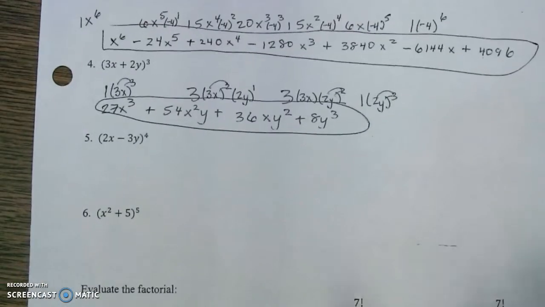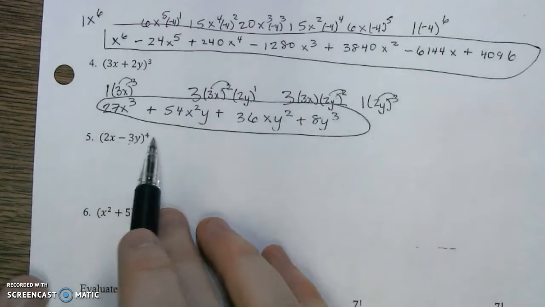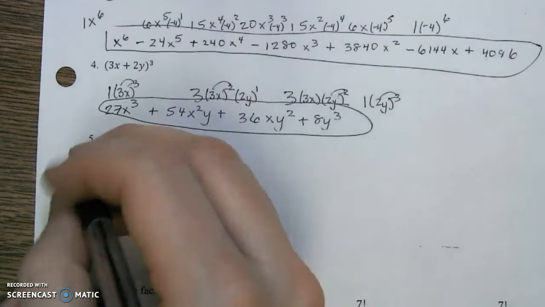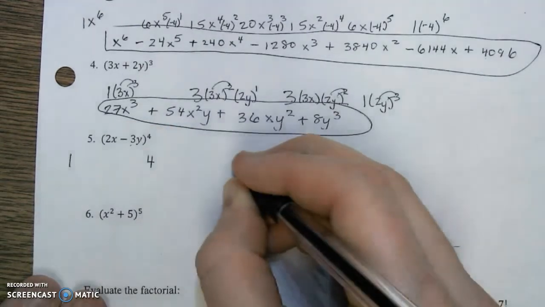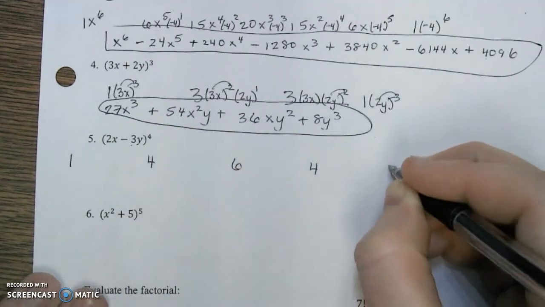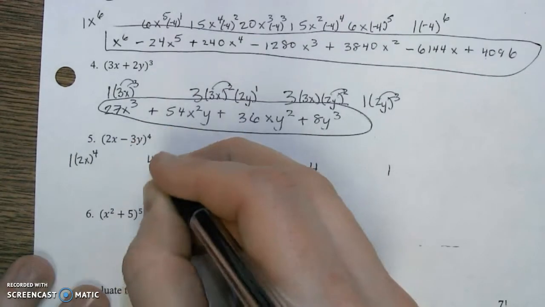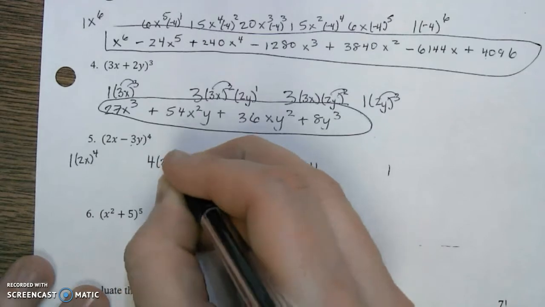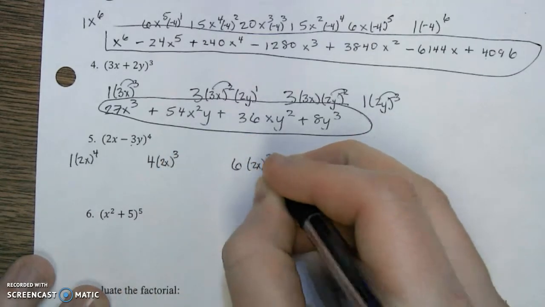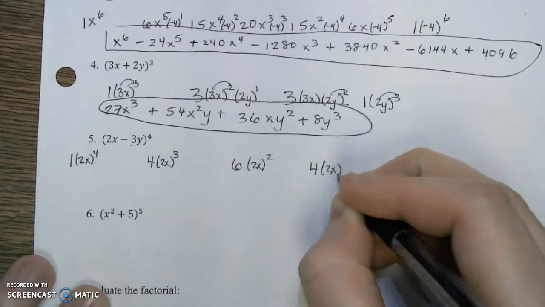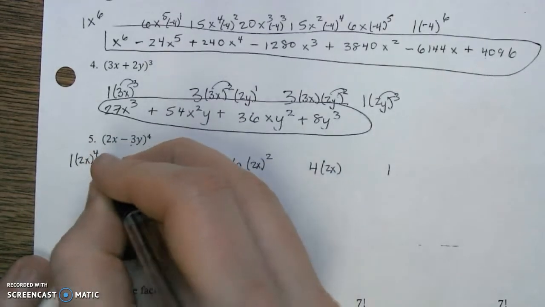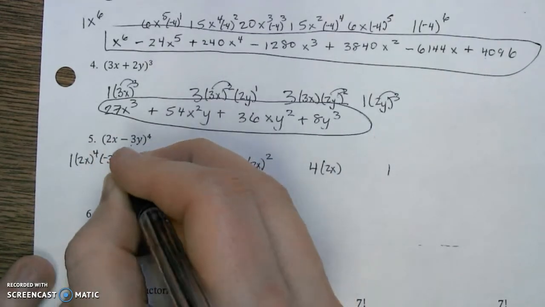On 5, same type of problem, only you're going to have a negative as well. So here we're looking at row 4. We take 2x and we count down from the highest exponent 4. We take negative 3y and count up from 0.